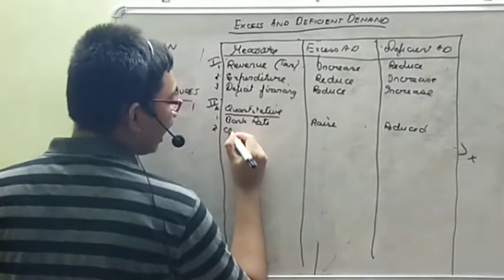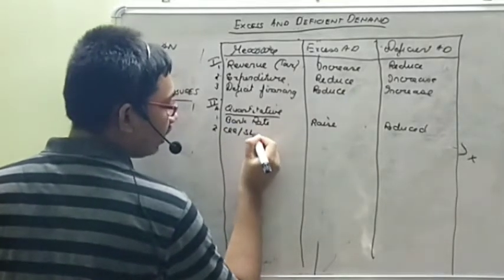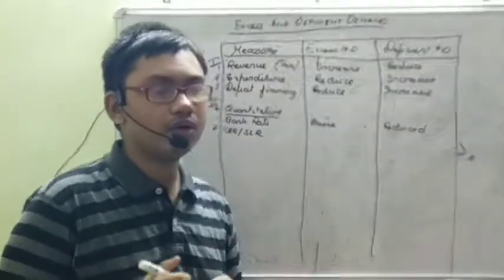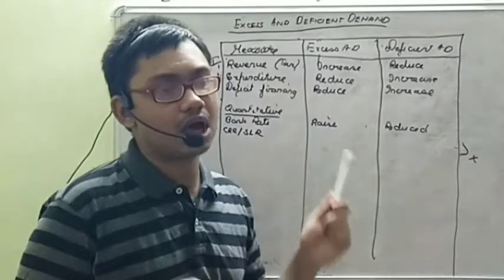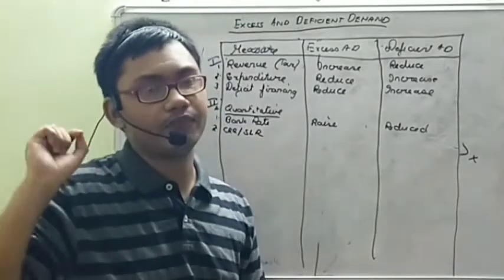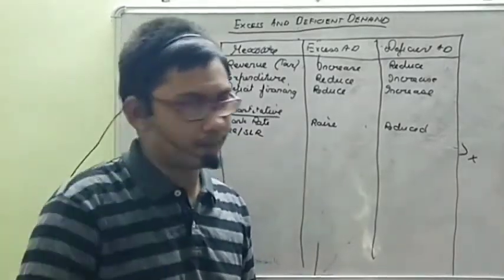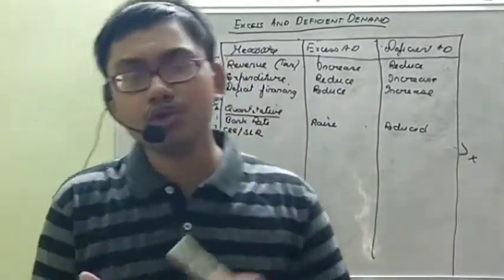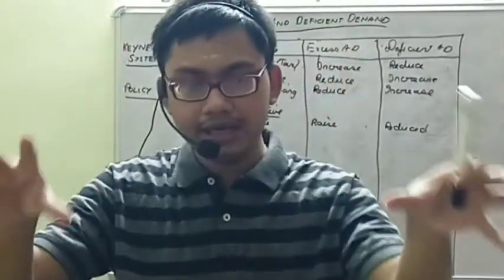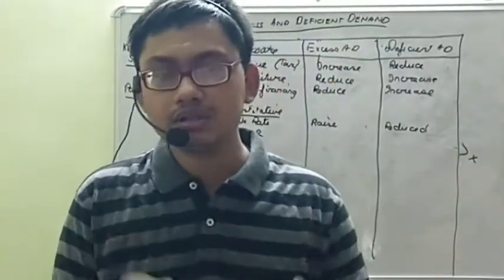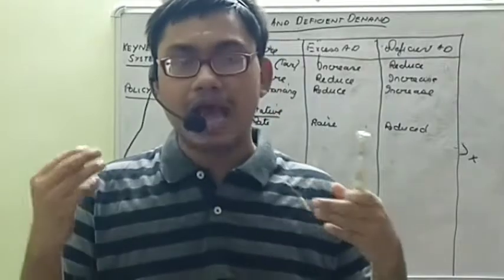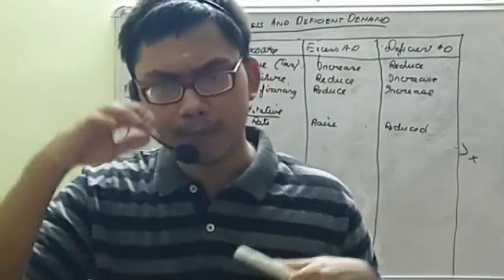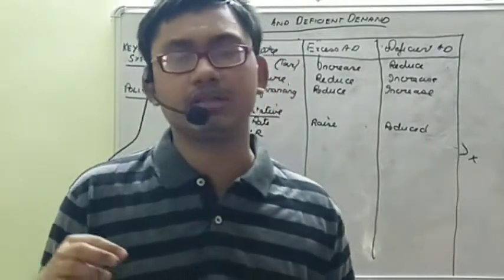Then CRR and SLR or variable reserve ratios. The cash reserve ratio is the amount of deposits which the banks are mandated to keep with the RBI or the central bank or the monetary authority. Statutory liquidity ratio is the ratio of their net liabilities, that is deposits, the banks have to keep with themselves in the form of assets like gold or government securities.